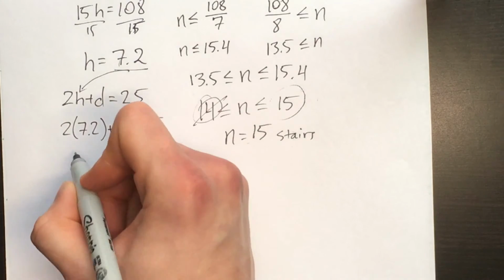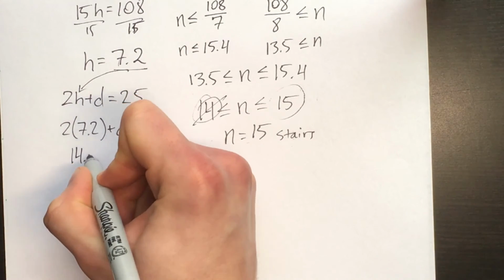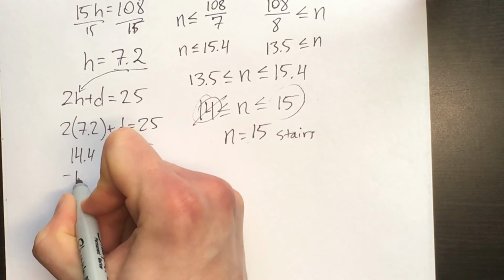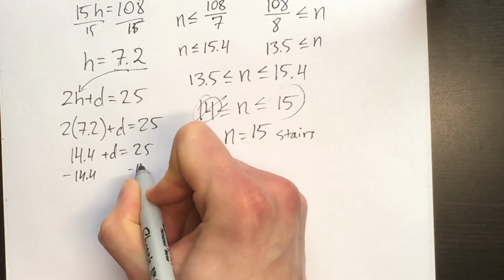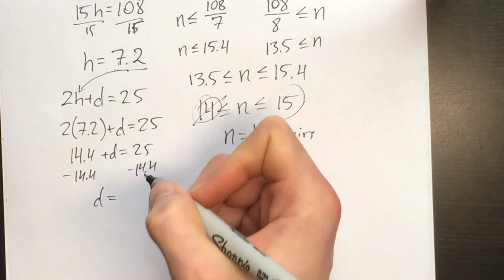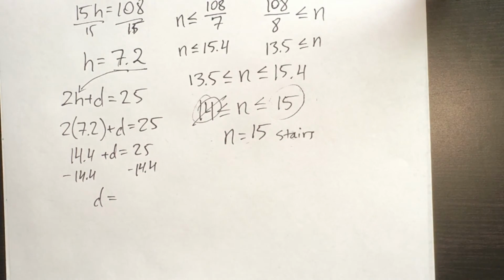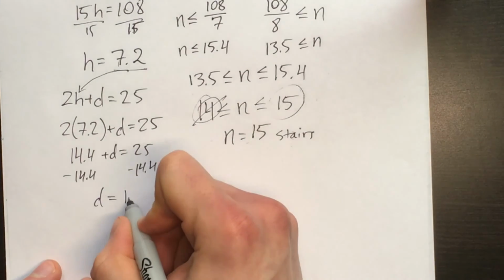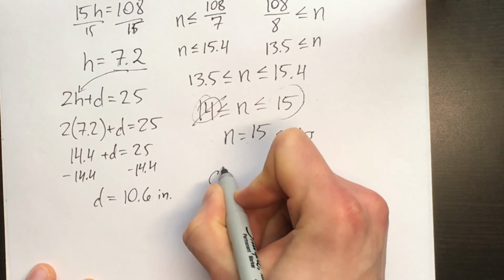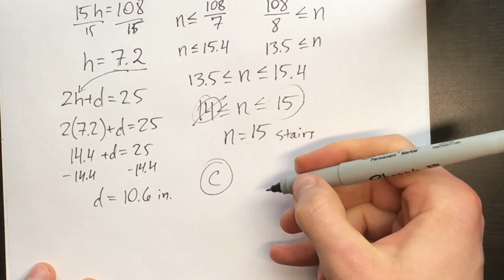So 2 times 7.2 is 14.4, plus d equals 25. From here, just subtract 14.4 on both sides. So d is equal to 25 minus 14.4. d is equal to 10.6 inches, which is answer choice C.